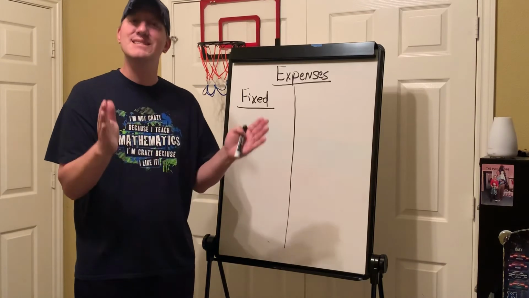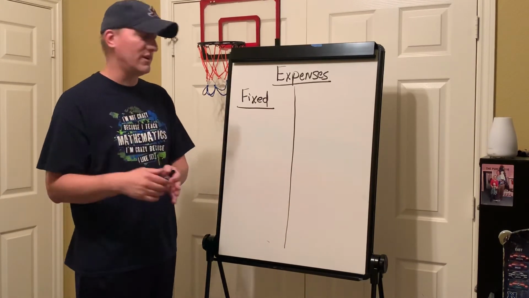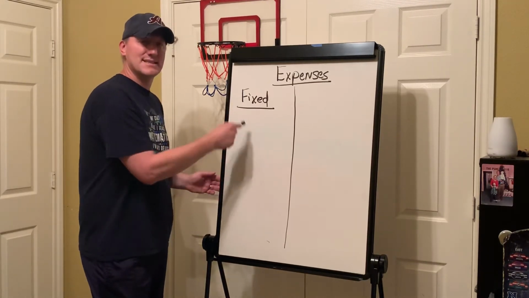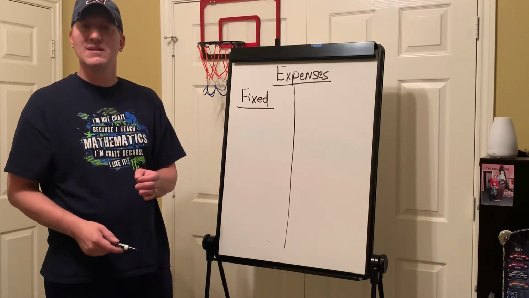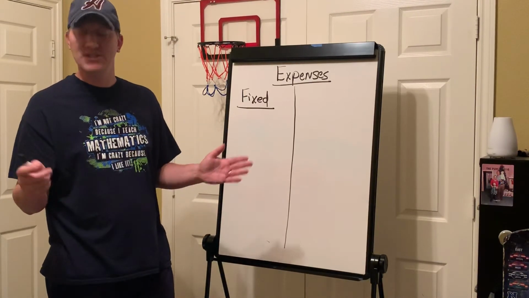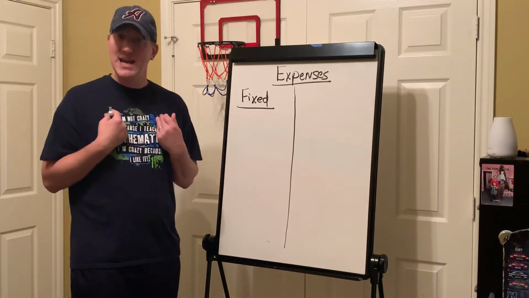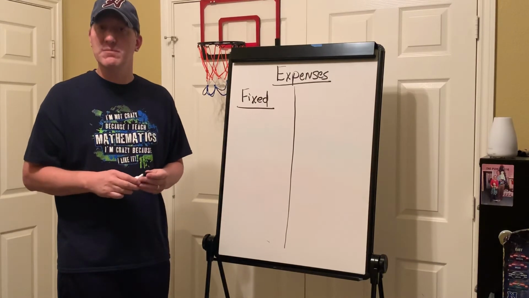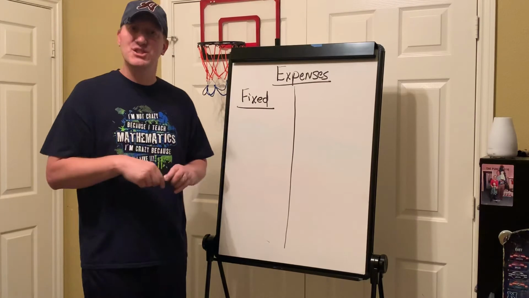It stays the same every month, every year, depending on how often you pay it, it stays the same. So it's a fixed expense. It doesn't change. So I wrote down some examples of some of the things that I pay or that some of my neighbors might pay every month that doesn't change.